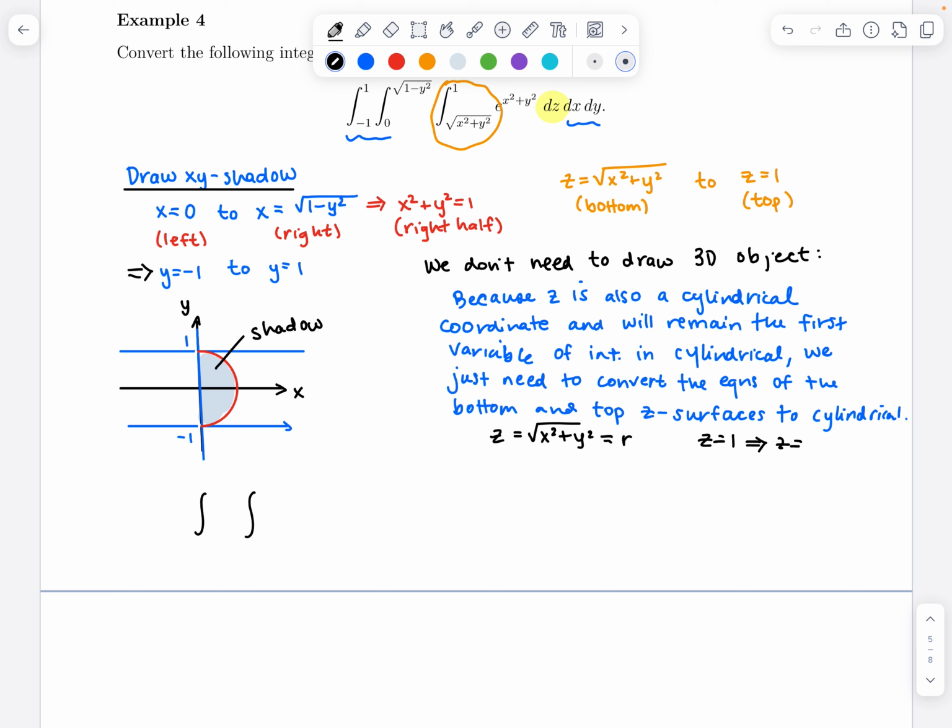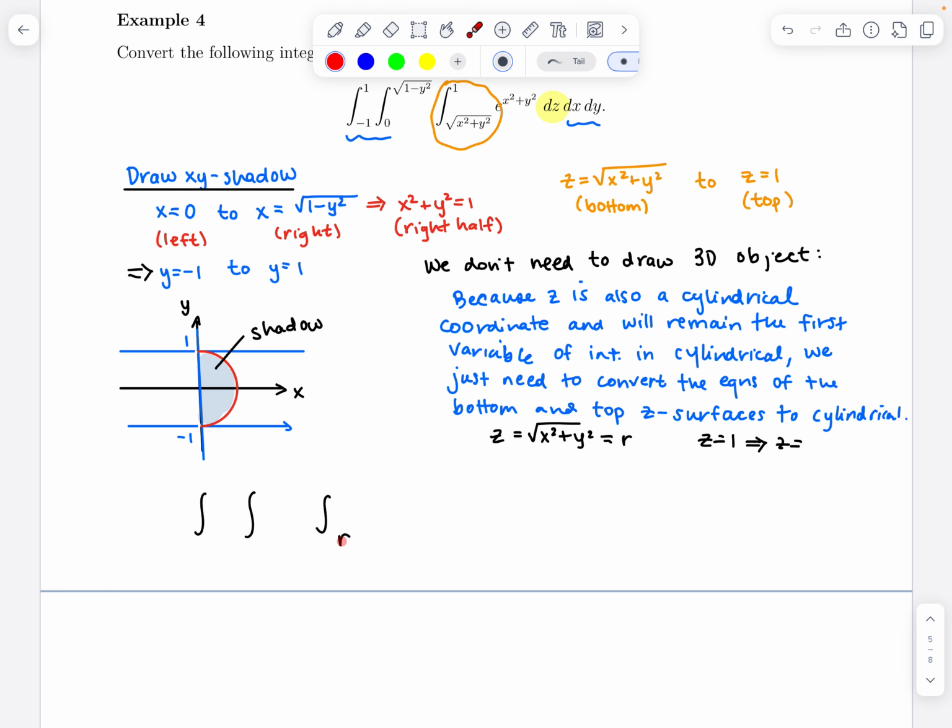My innermost integral is going to come from converting. I'm still using the same bottom surface, square root x squared plus y squared, but we said that is really represented as r when we convert its equation. So z equals square root x squared plus y squared is really z equals r in cylindrical.